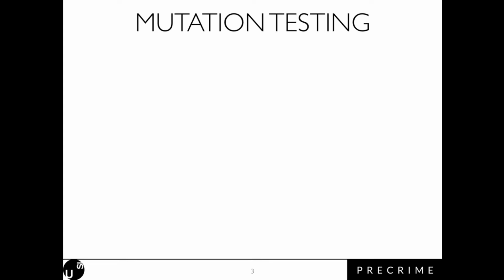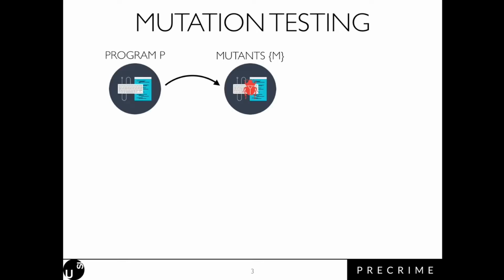Mutation testing is a technique that's widely used in traditional software, and it's used to evaluate the quality of the test suite. And the hypothesis of mutation testing is that if an existing test suite can successfully expose artificial faults that were seeded in the program, it would also do well at exposing the real faults that can affect the software.